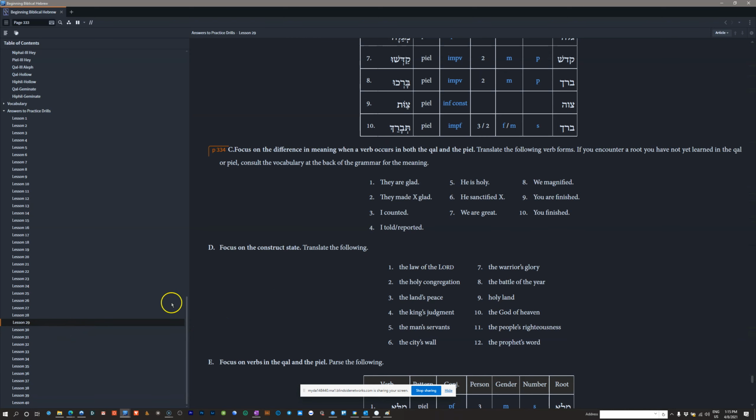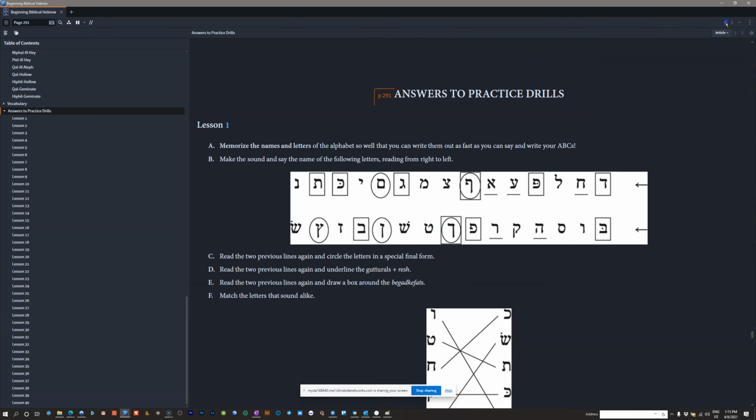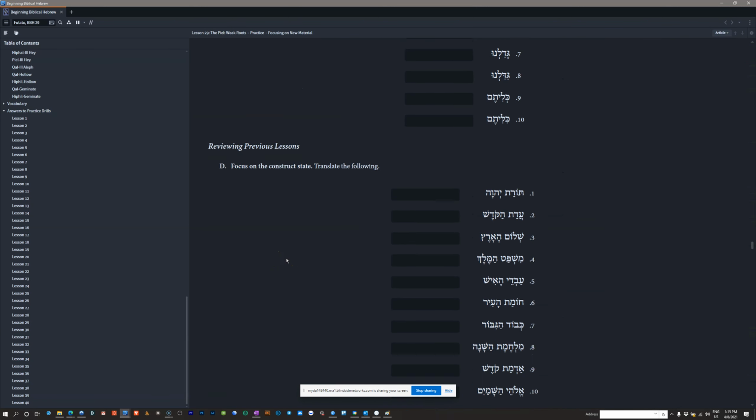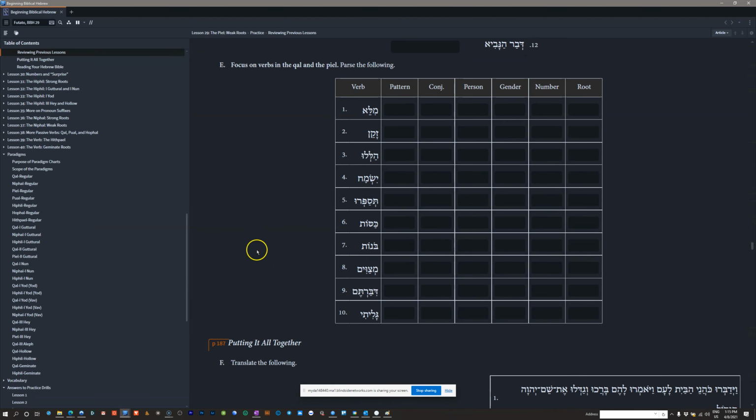Let's see. We skipped D and we went to E. So this is more parsing. This is mixing in the cal now, in addition to the PL. So the difference, you should pretty easily recognize PL, Hirik Dagesh.